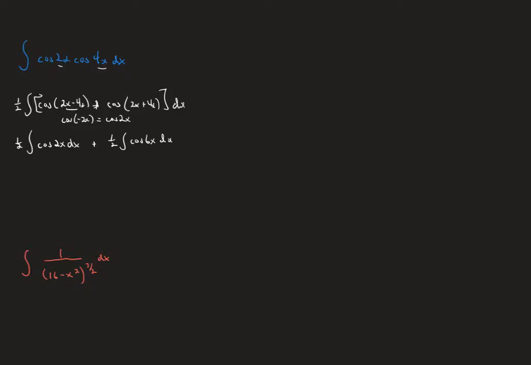And you can do a substitution if you need it, or if you can recognize it. This is going to be 1/4 times the sine of 2x, and this will be 1/12 times the sine of 6x plus c.